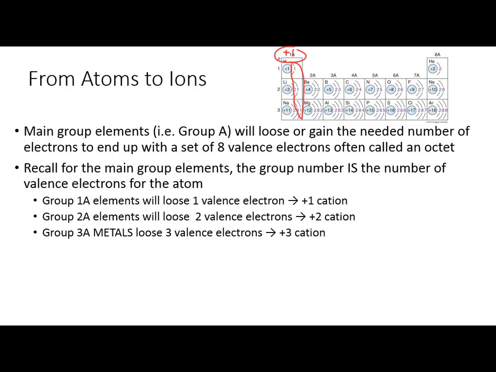These guys, 2A, form a +2 cation by kicking off these 2 valence electrons. 3A form a +3 by kicking off these valence electrons. Sometimes students, like I said, will take their periodic table and mark it at the top of the column.